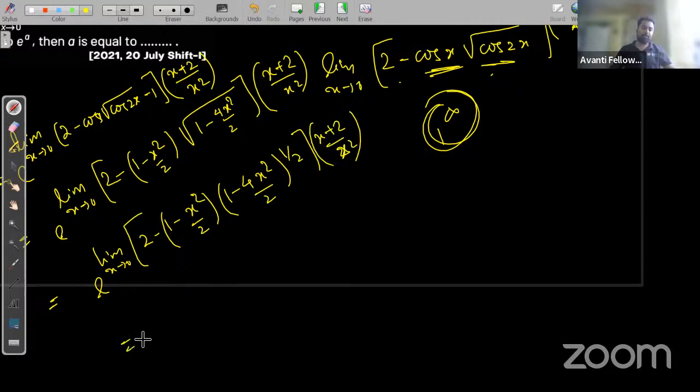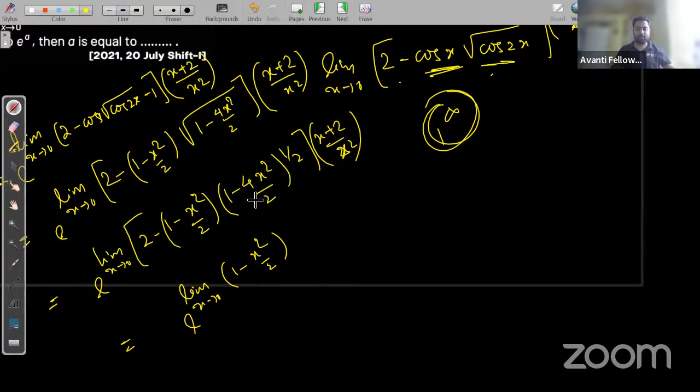Now we'll simplify it. What you are getting is the limit as x approaches 0 of 2 minus 1 minus x square by 2, into 1 minus 4x square by 2, whole to the power 1 by 2.